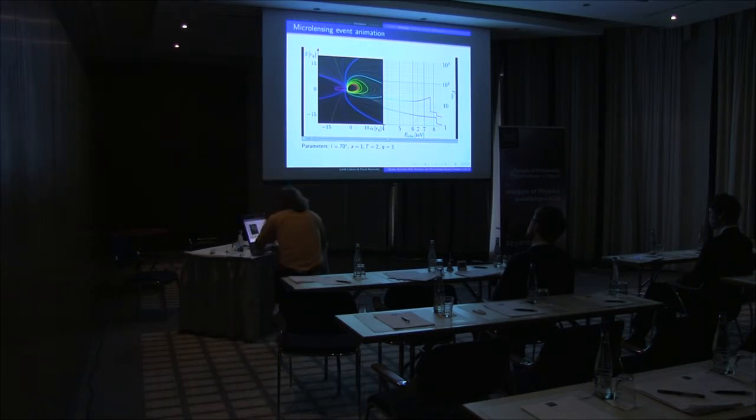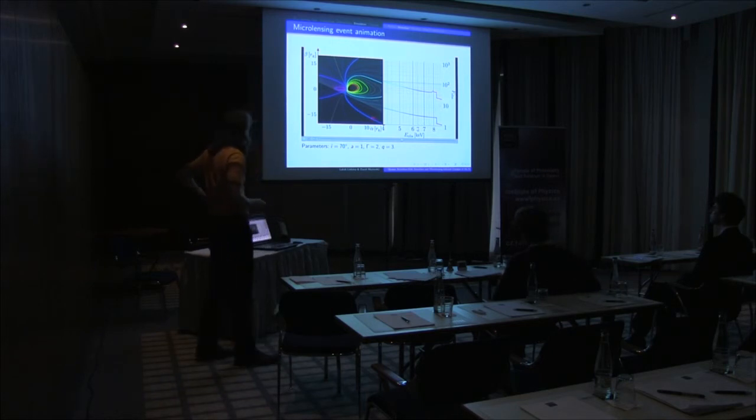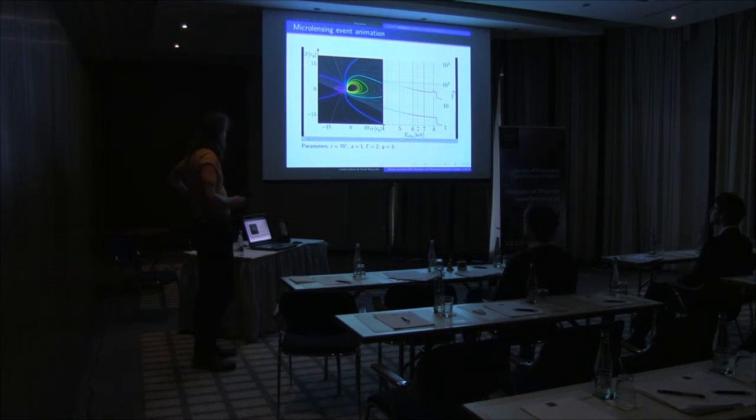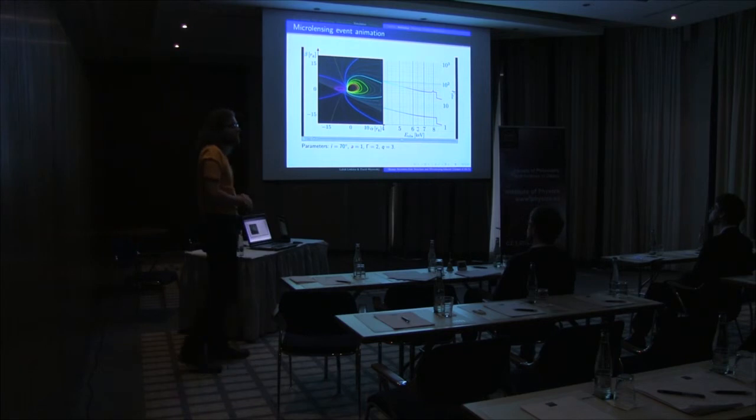Now I can play the movie, and here you can see a peak in the spectrum at 8 kiloelectron volts, and we think that this peak is here because the caustic is internally tangent to this g-factor contour. And we think that this peak has the same origin as the peaks observed by Chartas.